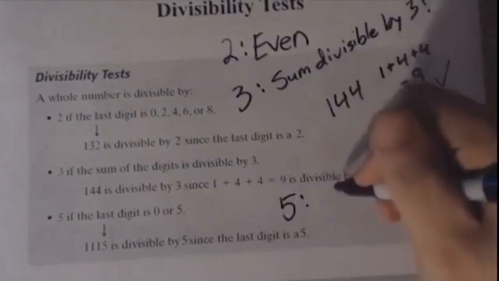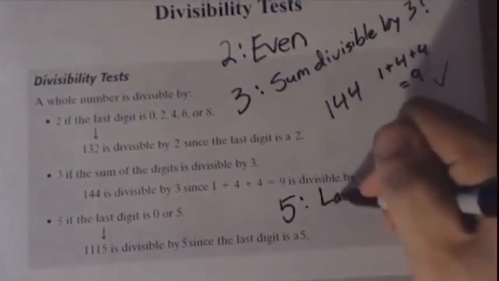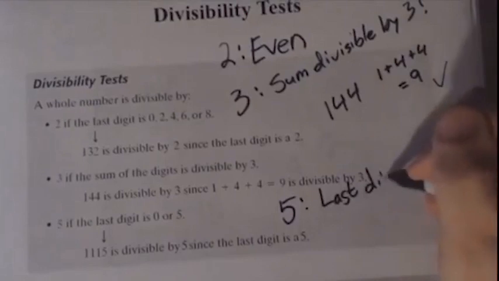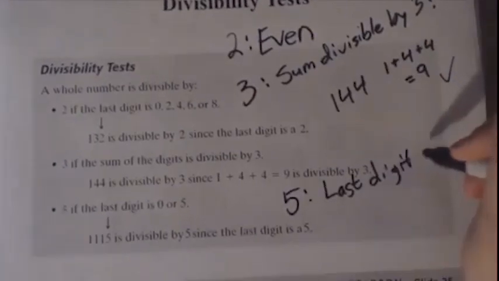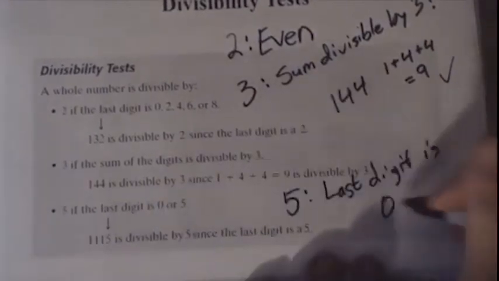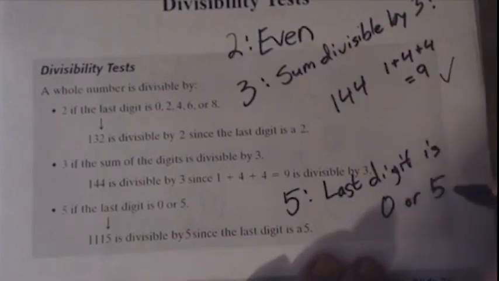And a number is divisible by 5 if the last digit is 0 or 5.